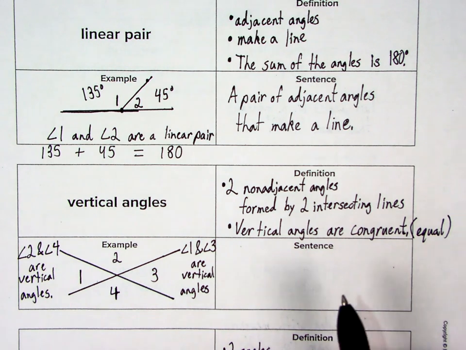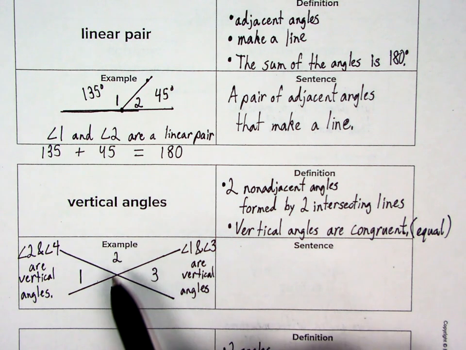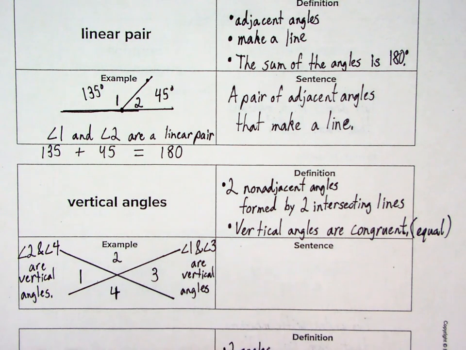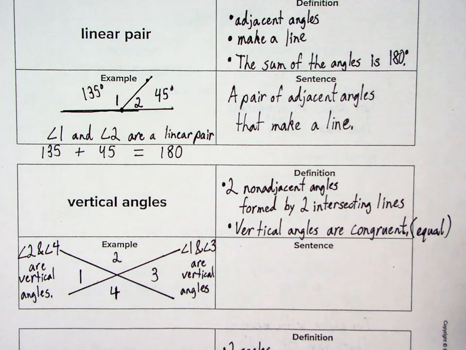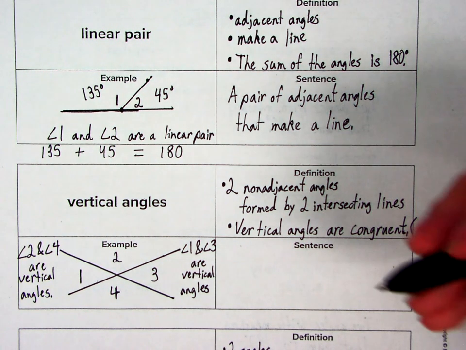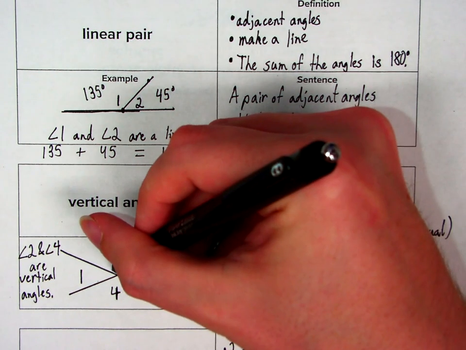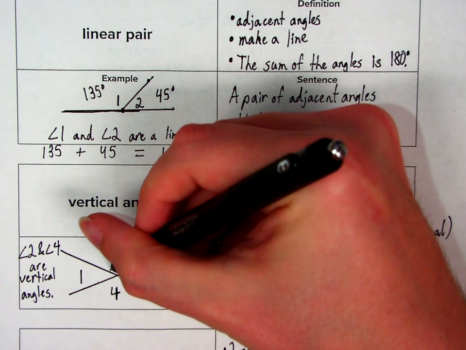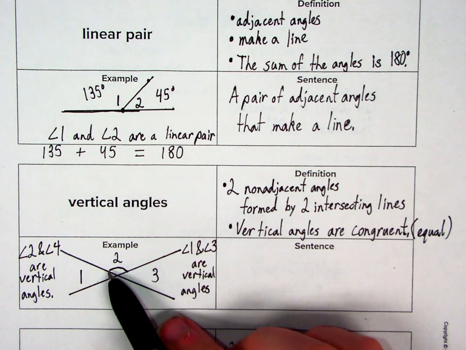We get two different pairs of vertical angles by our lines intersecting. Here we see that 2 and 4 are considered vertical angles, and angle 1 and angle 3 are considered vertical angles. We can mark them as being congruent, being equal, by using a number of tick marks. I'm going to give the angle 2 one arc across it.